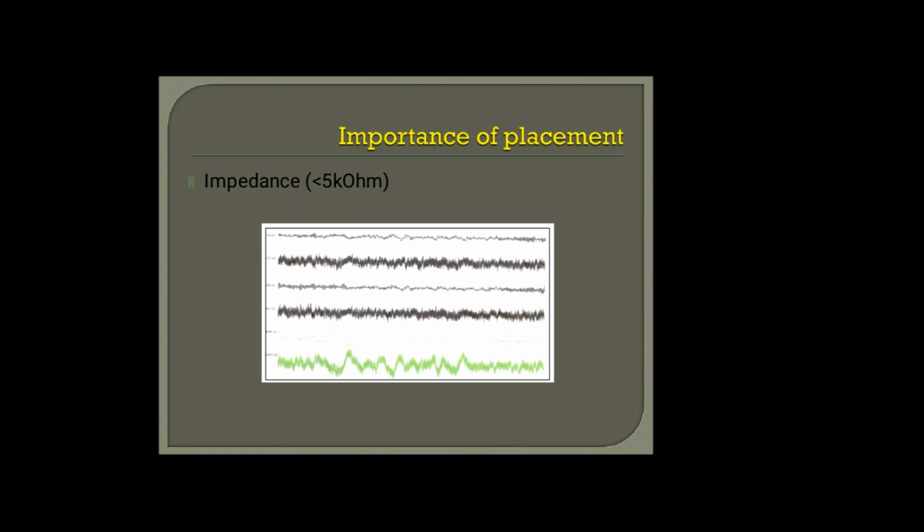The very first graph has less noise, and the bold high-frequency graphs, bold in black and bold in green, are the artifacts or noise due to a higher impedance level. So ideally we should restrict ourselves to less than 5 kilo ohm. If it is more than that, it would create more artifacts or noise.